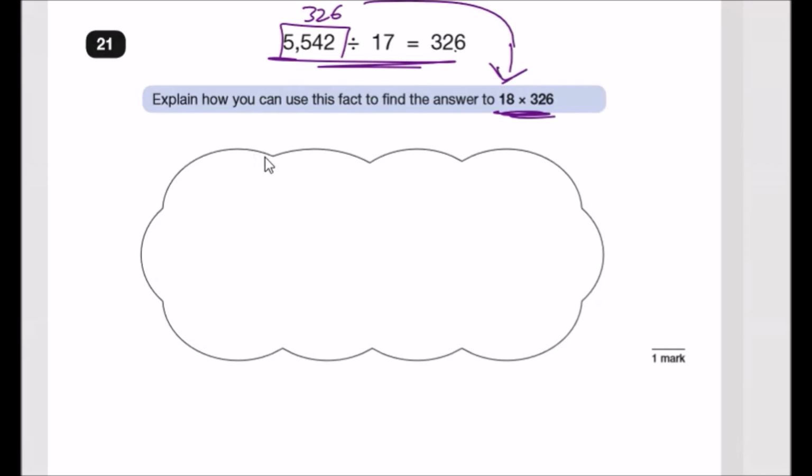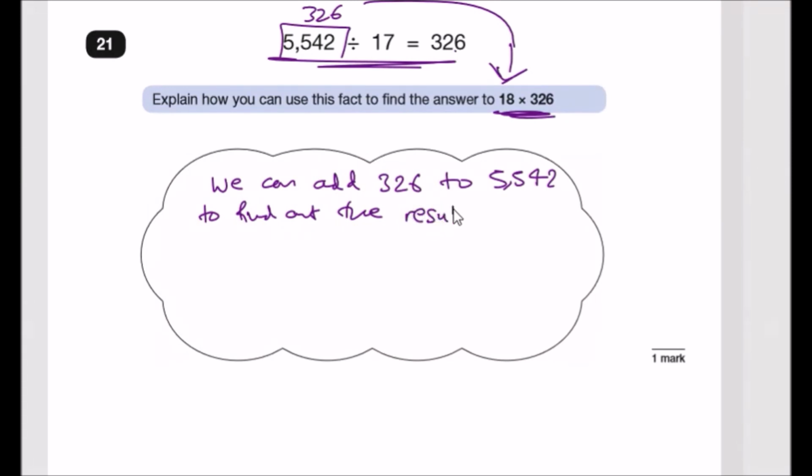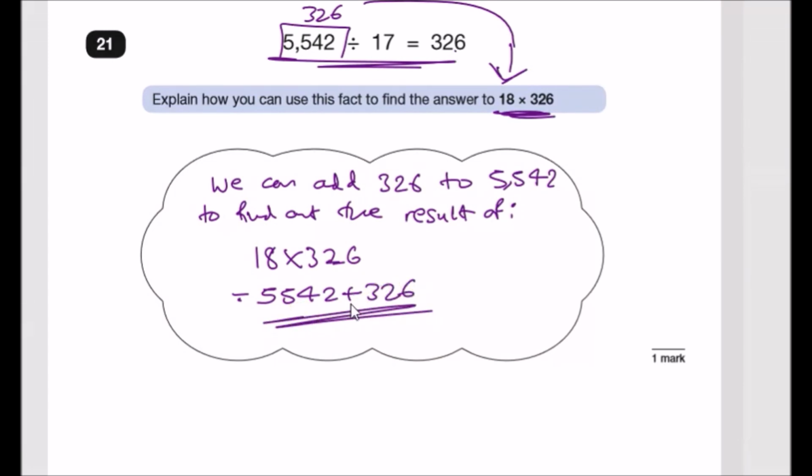So we could say in a solution, explain how you can use this: we can add 326 to 5,542 to find out the result of 18 times 326. In other words, you can just say this is equal to 5,542 plus 326. And that's usually it.